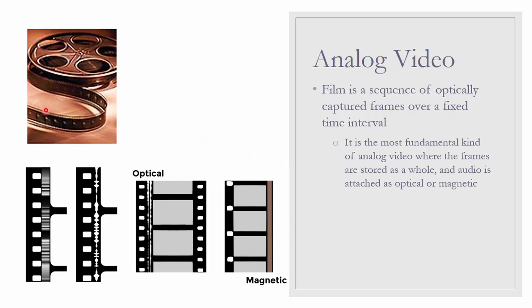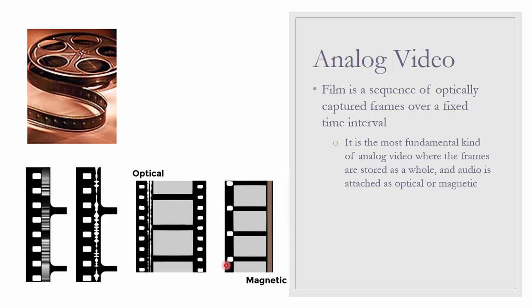This is how film reel looks like. Maybe it's very hard to find nowadays. And this is how it looks like when we flatten the film. In here, this is a frame, and the audio is attached alongside it as optical or magnetic.